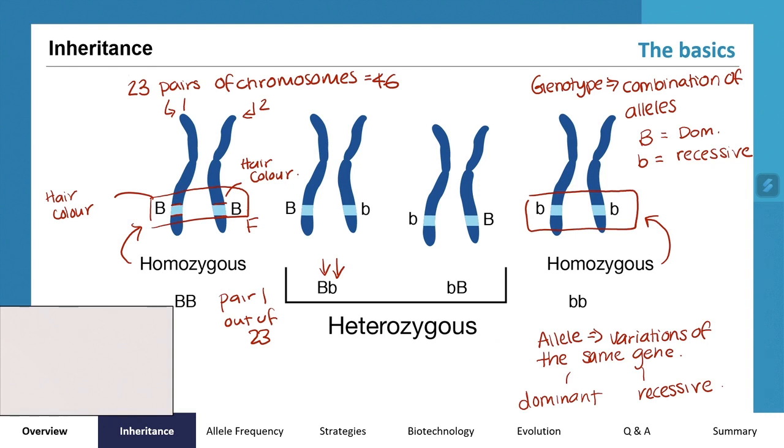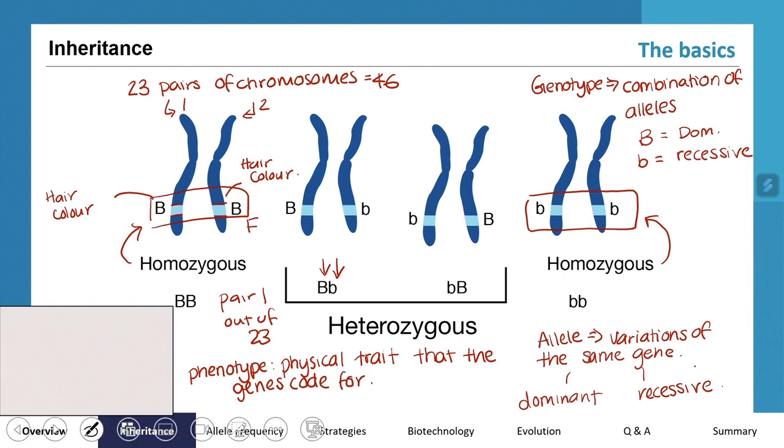The alleles making up the genotype will then influence what is known as the phenotype. So this is actually the physical representation of these genes, or the physical trait that the genes code for. So for example, if you've got a genotype of capital B, where the dominant gene codes for black hair and the recessive gene codes for blonde hair.